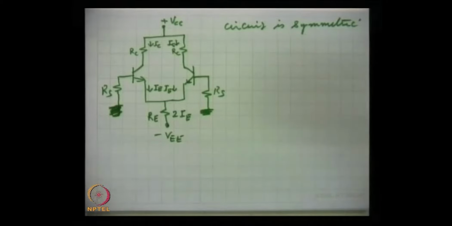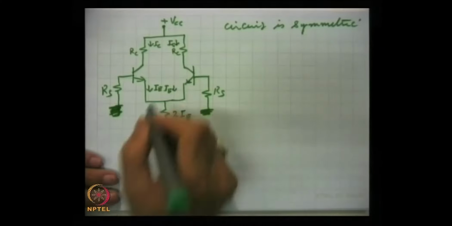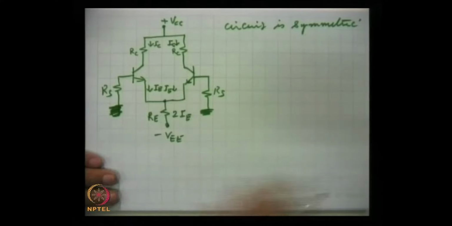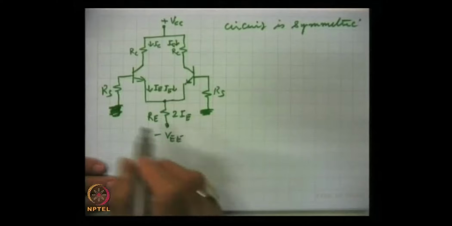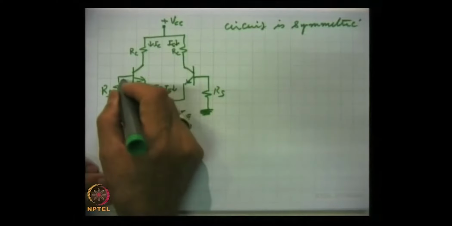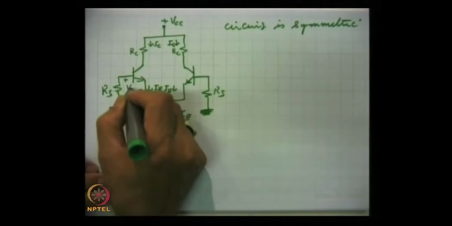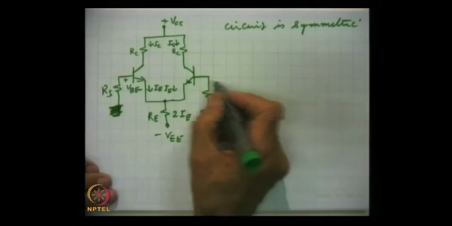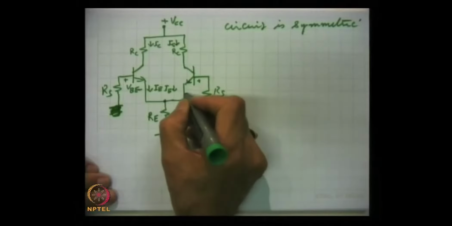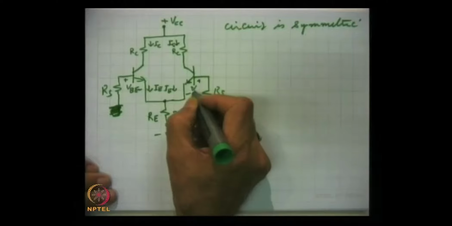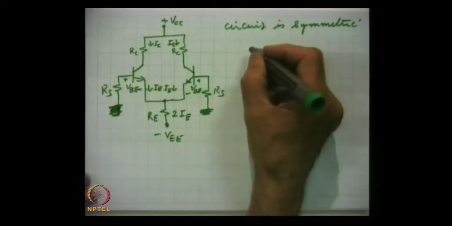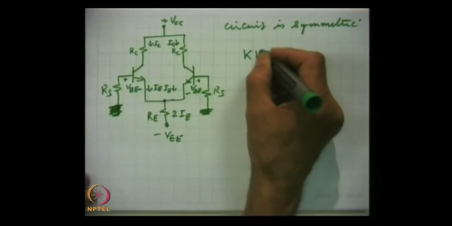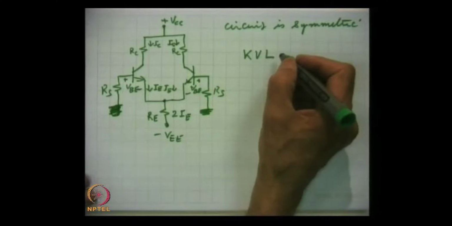Now, let us analyze this circuit. This voltage VBE as usual, this also is plus minus VBE. We apply KVL, Kirchhoff's voltage law, to the base emitter loop.